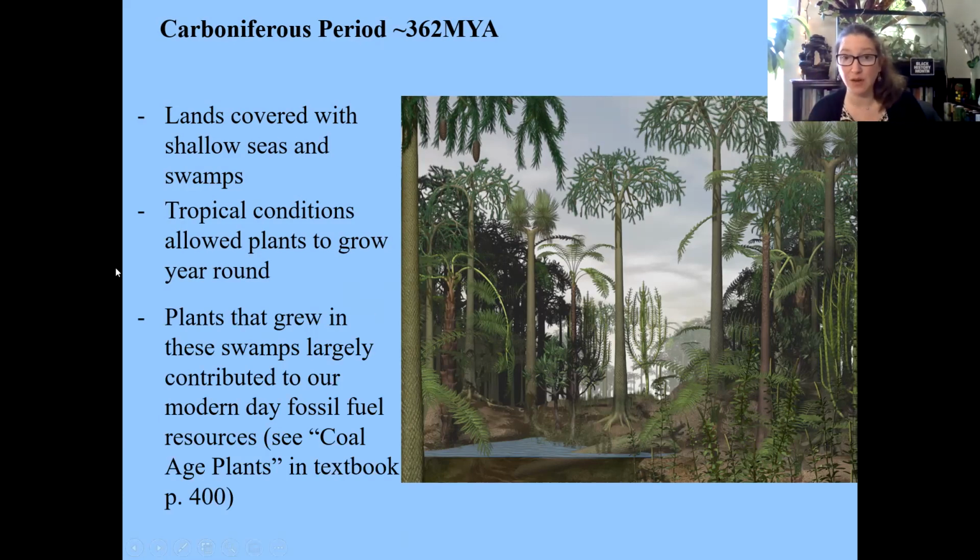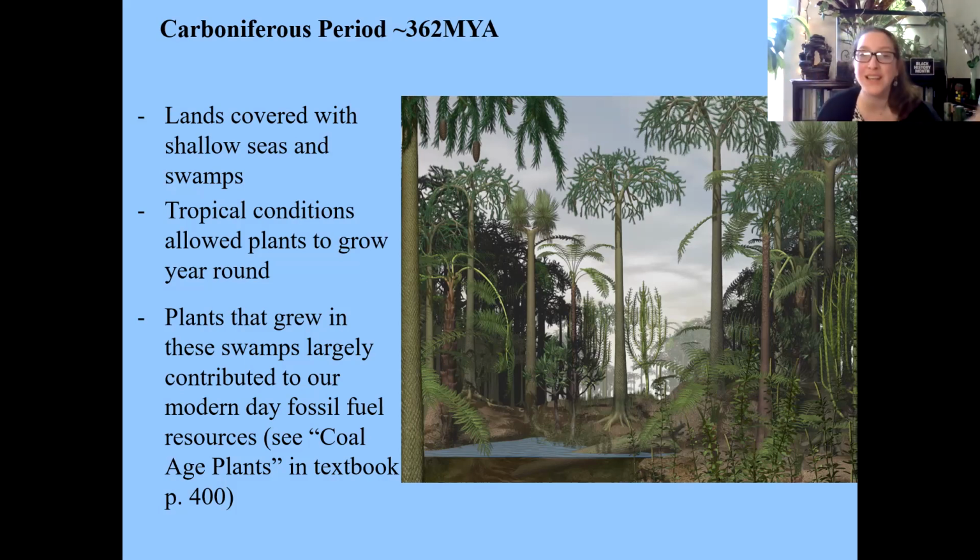And the plants that grew in these swamps are actually pretty much the main things that contribute to fossil fuels today. So I don't know if you remember in the first class, I was saying like, when you think about fossil fuels, you might think of like the dinosaurs, right? And yeah, sure, okay, like there's probably a T-Rex or two in some of the fossil fuels, but most of the fossil fuels, that's just a funny image to have, are from plants.